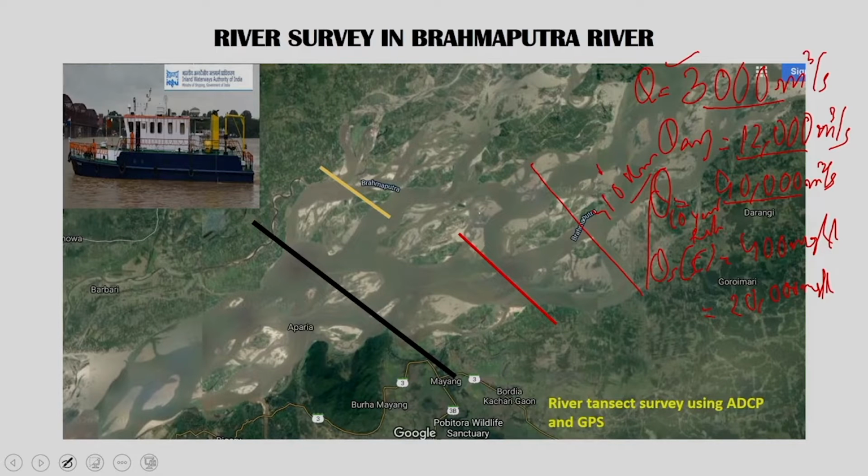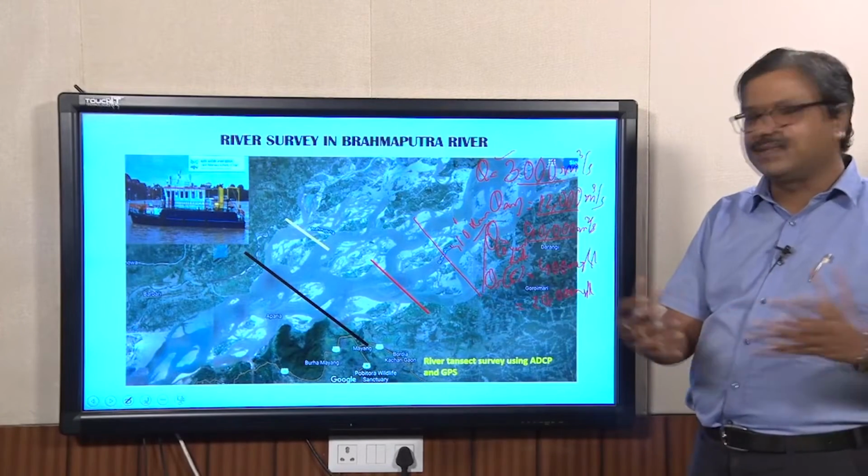As I said, the river is 10 kilometers wide, and this reach is about 30 kilometers. You can see such a complex river system, confluencing, deconfluencing, forming bars and all.